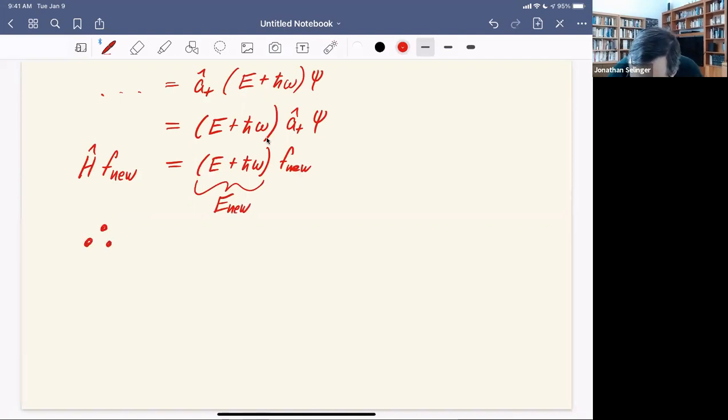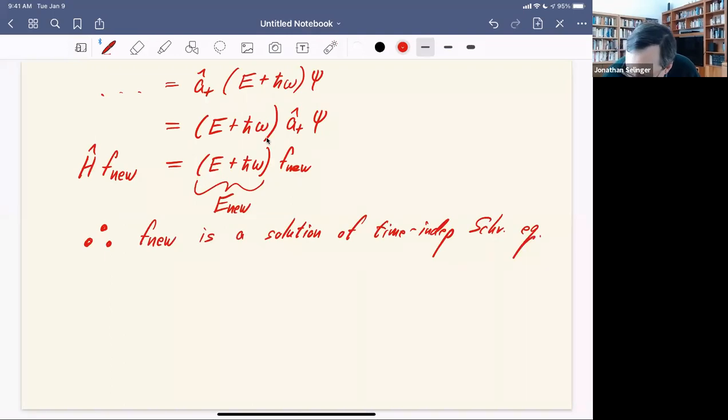Therefore, F nu is a solution of the time-independent Schrodinger equation with an energy E nu, which is E plus h bar omega.